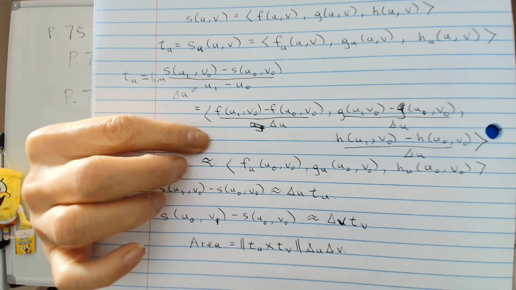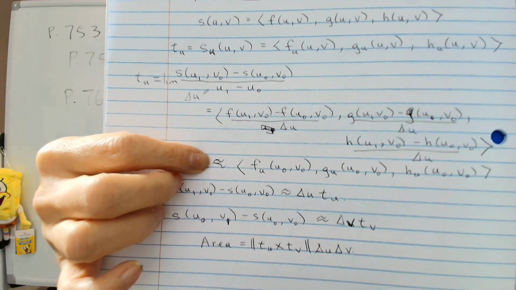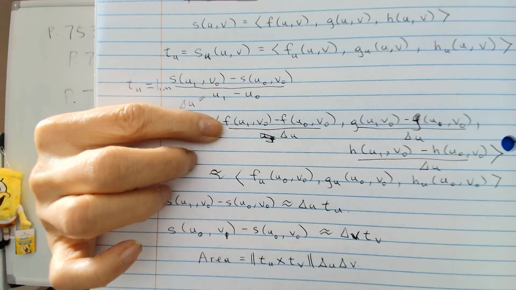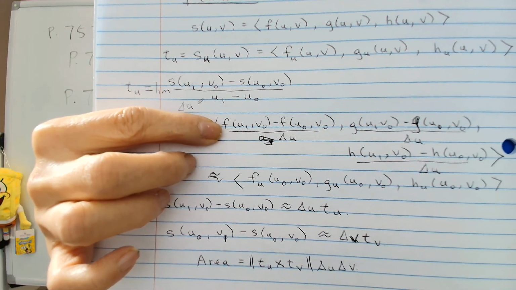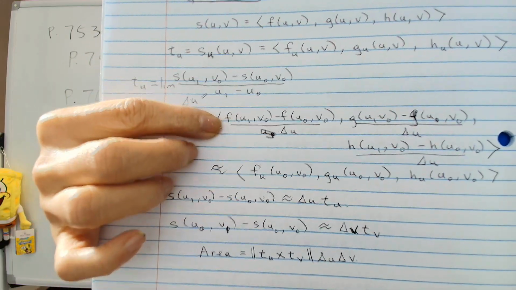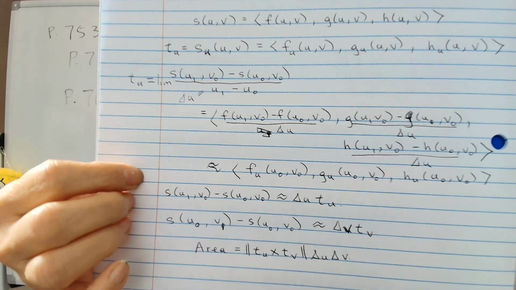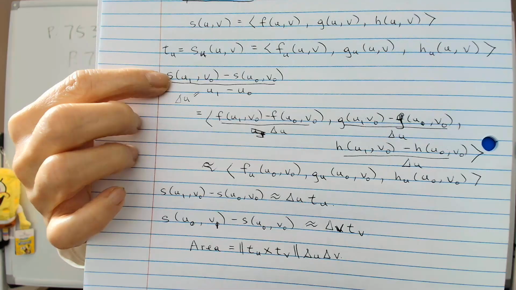Now, if you look at this, what is that as delta U goes to 0? That's approximately the partial derivative, because we're only changing U, and V is not changing. So that's the definition of the partial derivative. Now, if that is the case, we can multiply.